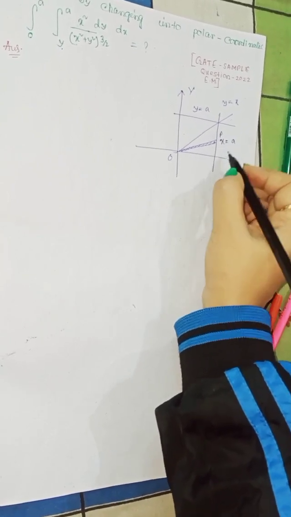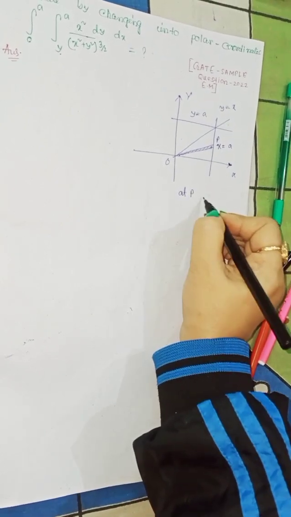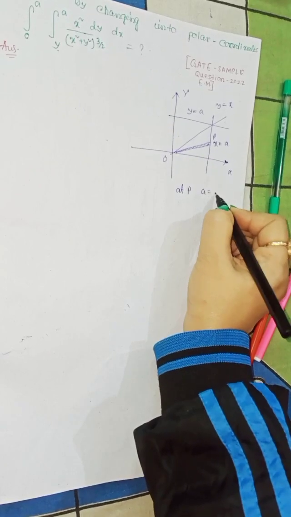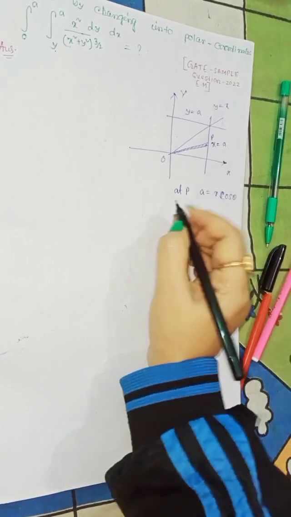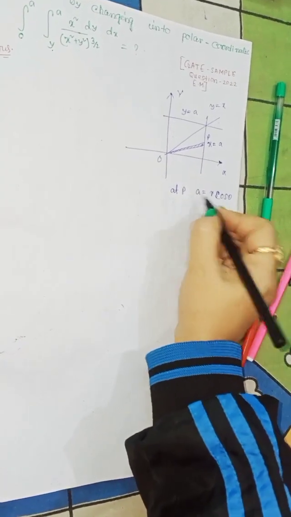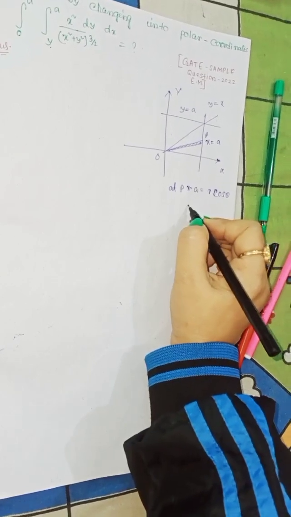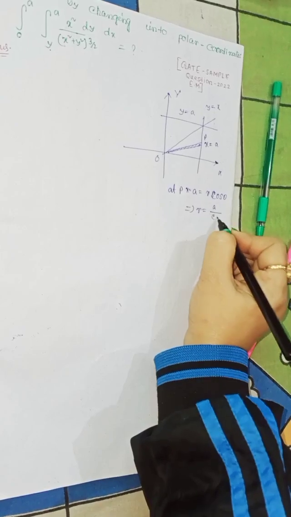So here at the point P, we know a is equal to r cos theta. So as x is equal to a is equal to r cos theta, therefore r is equal to a by cos of theta.